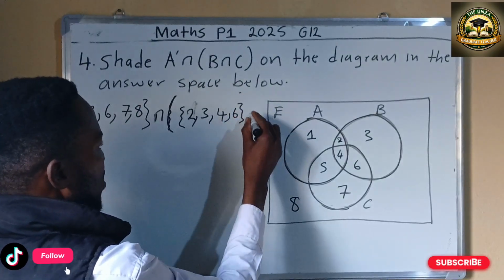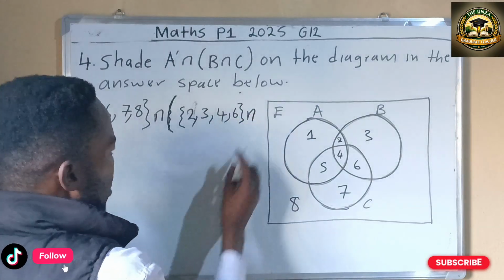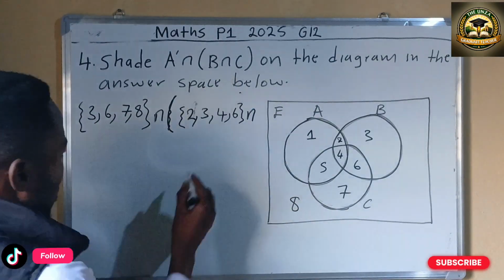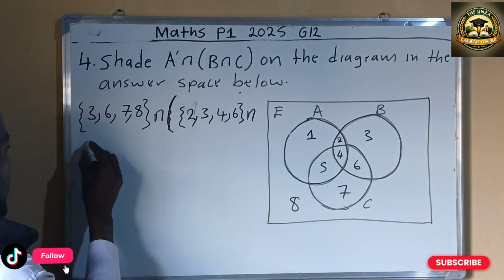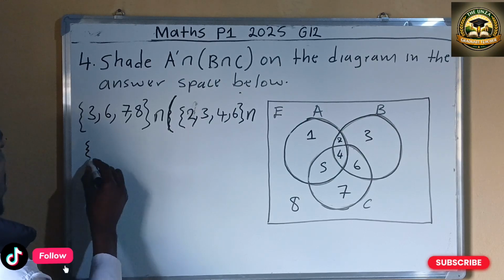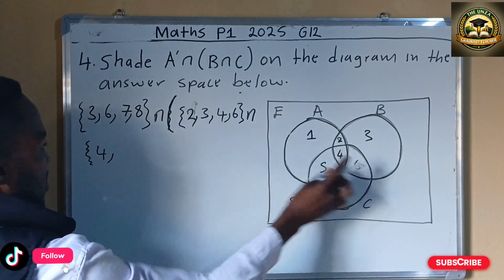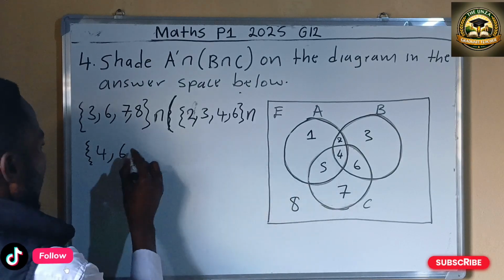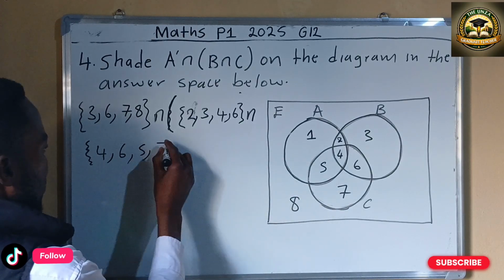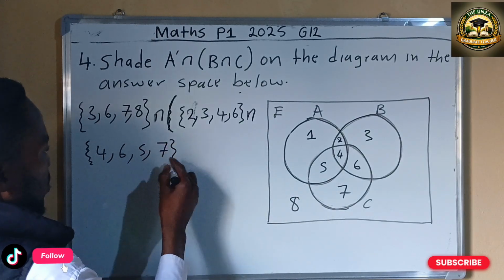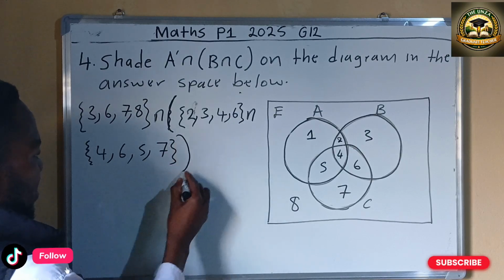Then you put the intersection, so intersection C. In C there is 4, 6, 5, 7. Then you put a symbol of a set, then you close the brackets like this.